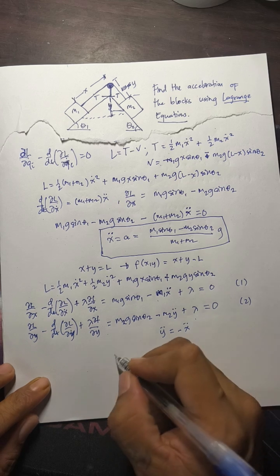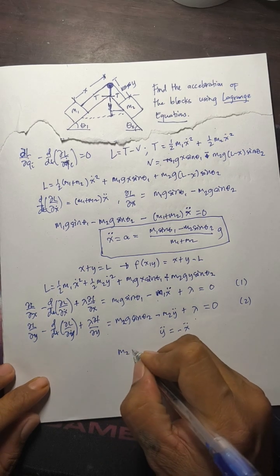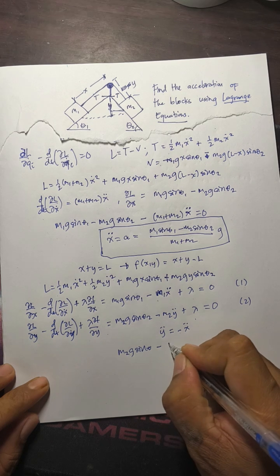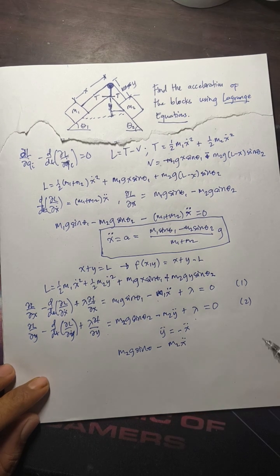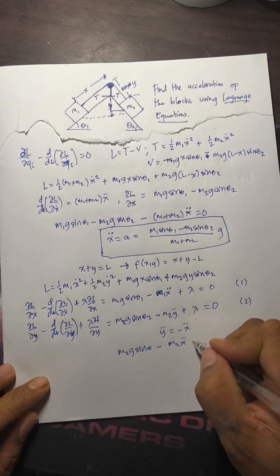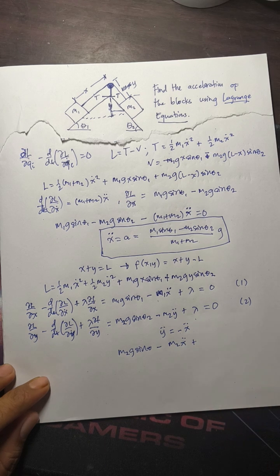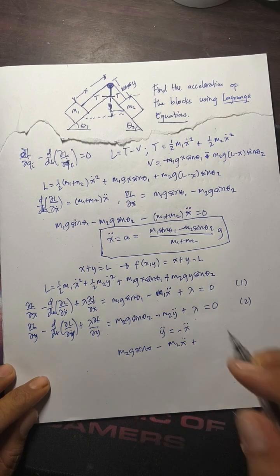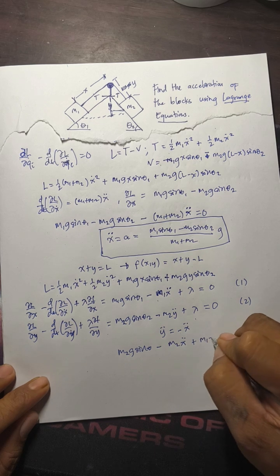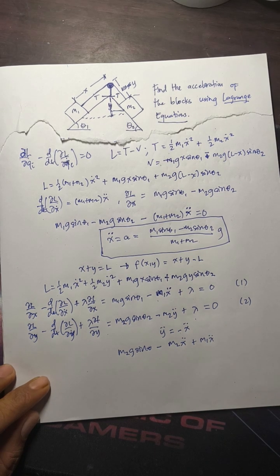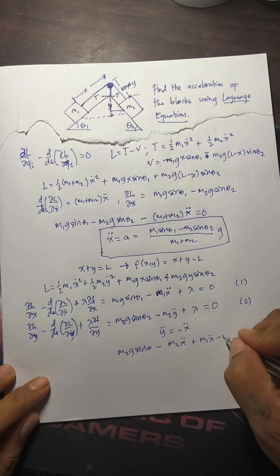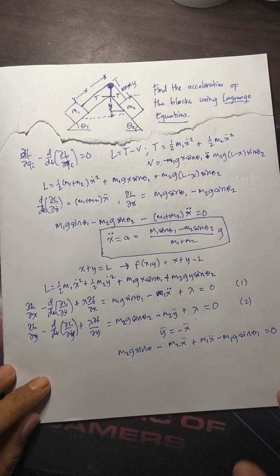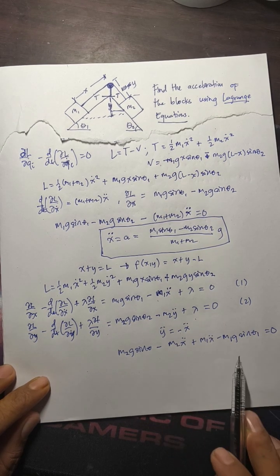For the second one, we get m2 g sine of theta 2 minus m2 x double dot. Plus, if you take lambda and just transfer that one, you get plus m1 x double dot minus m1 g sine of theta 1, and this is equal to 0. This is coming from equation 2, substituting this one here.